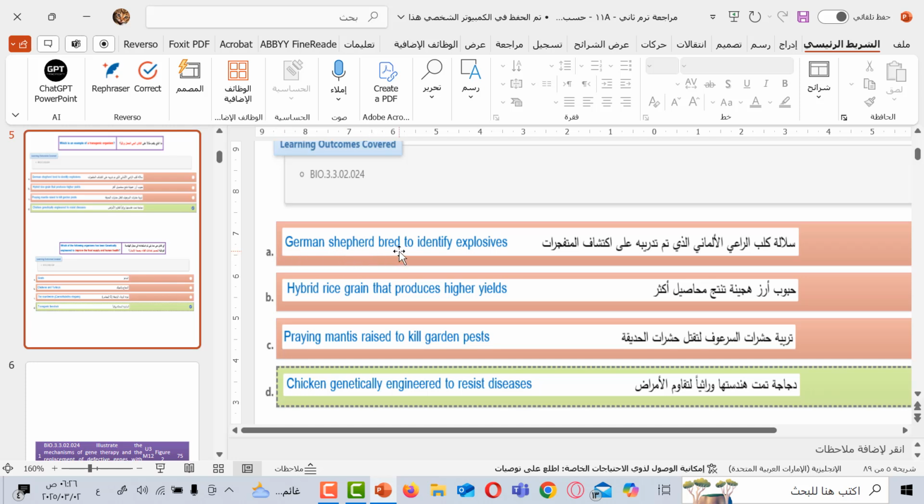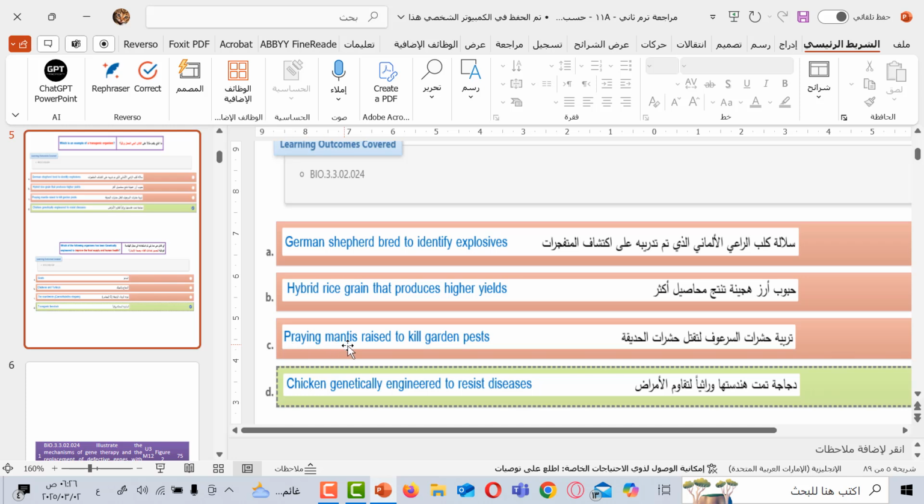German Shepherd to identify explosives? No. Hybrid race? No, this is hybridization, maybe natural selection.